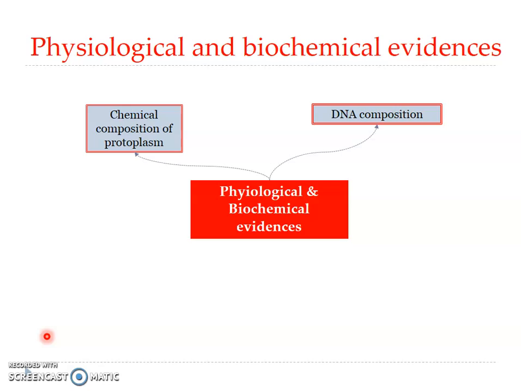Regarding the DNA composition, the chromosome chemistry, the similarity. Chromosomes and genes form the physical basis of heredity, and they have the same chemical composition in all the animals. Each chromosome is made up of proteins and nucleic acids. Nucleic acids could be DNA and or RNA.